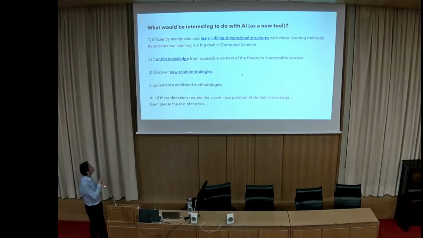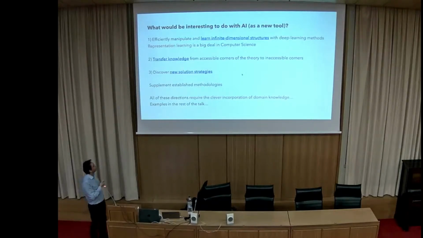Well, the first one is to try to use these methods to efficiently manipulate and learn infinite dimensional structures, for example, all sorts of functions that appear in our problems, with deep learning methods. And here a keyword is representation learning. Representation learning is crucial, it is a big deal in computer science. It asks how you extract important information from a complicated structure, for example.